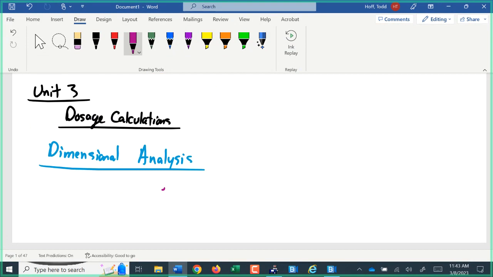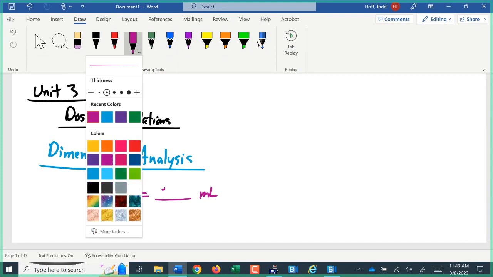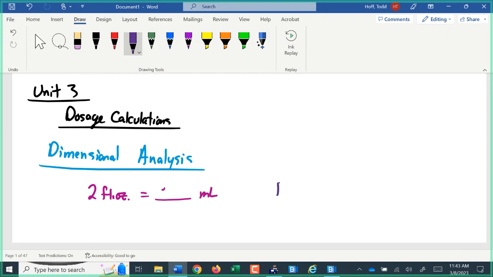If we had 2 fluid ounces, and I need to know how many milliliters that is, well, we have to look for an equivalency that says 1 fluid ounce is 30 milliliters. Now, this is the one that I said, depending on where you looked it up, might be 30, might be 29.9. 30 is close enough.